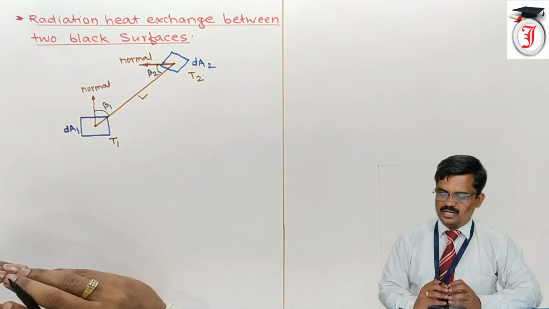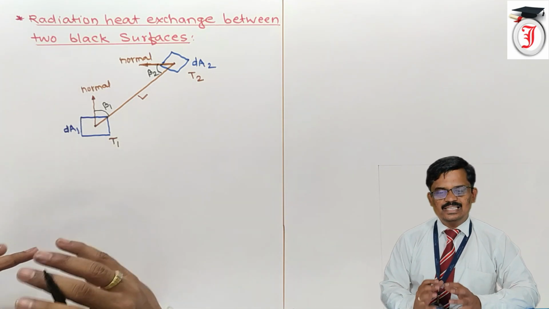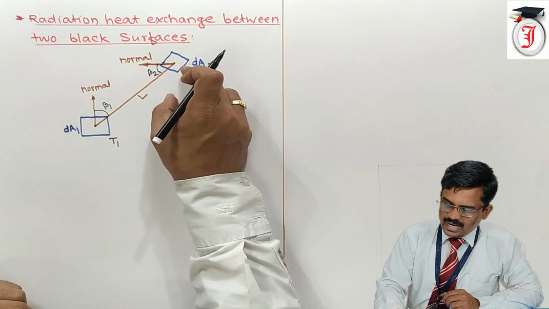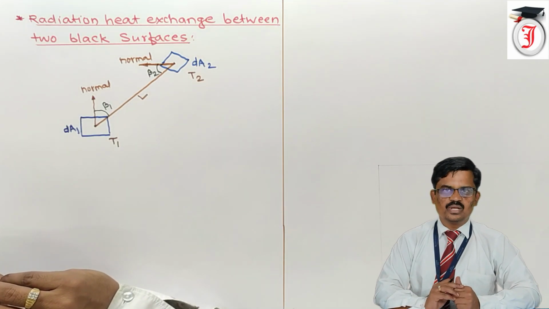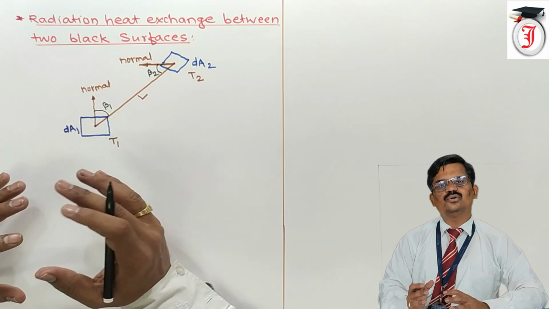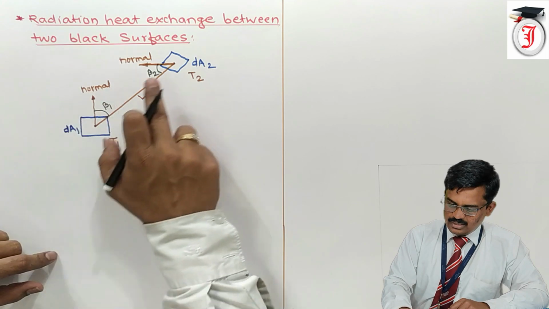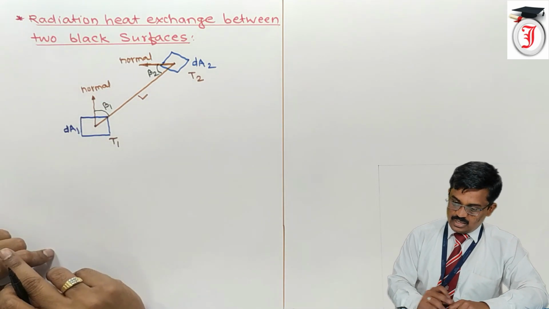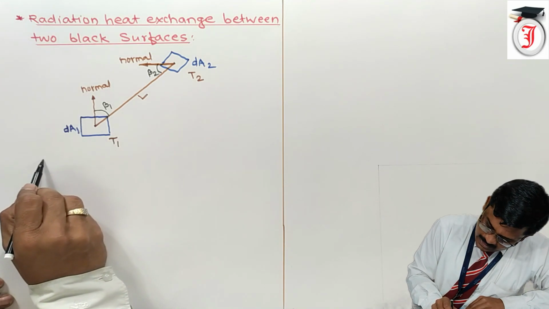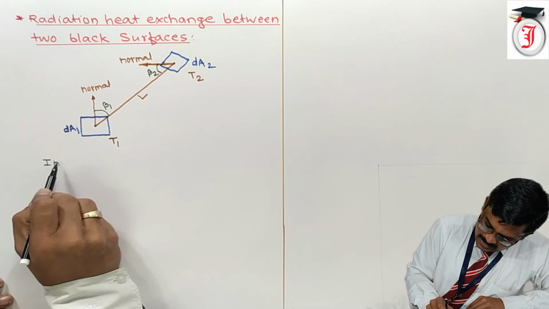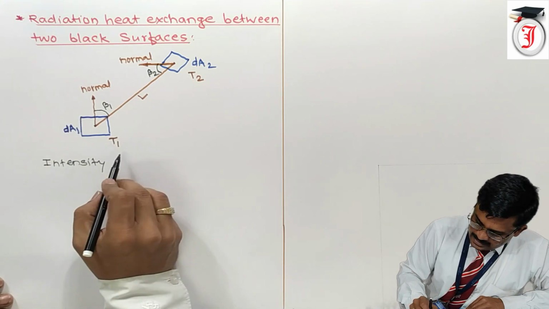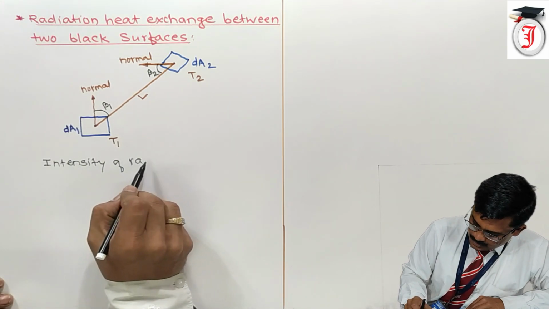So the net rate of heat transfer is nothing but the heat exchange between the dA1 and dA2 surfaces, and here we have to calculate the net radiative heat exchange between surface dA1 and dA2. And to calculate this we have to first calculate the intensity of radiation.